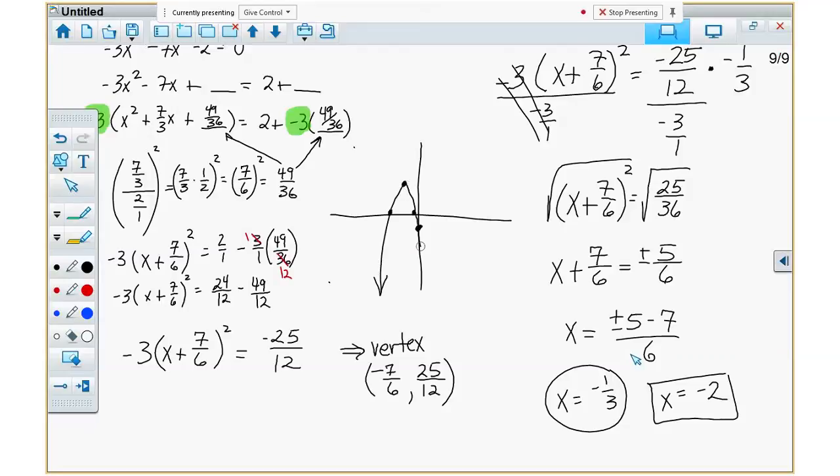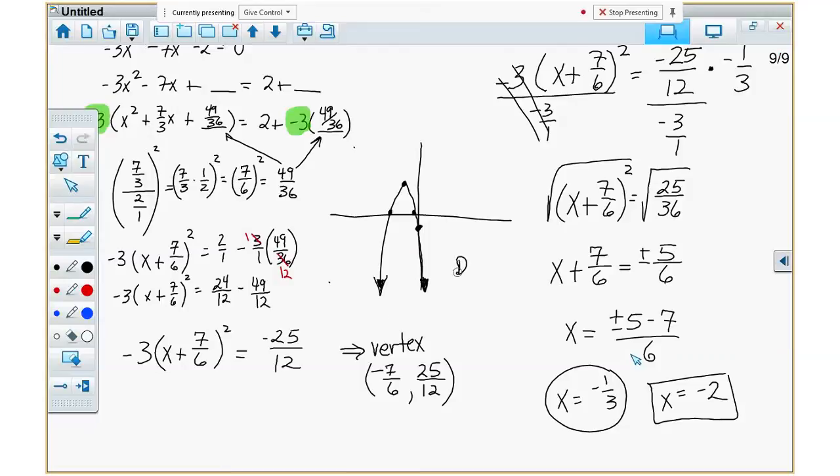Why is it so skinny? That's not rhetorical. I'm asking y'all to answer your questions. Because of the negative what? Because of the 3, not the negative. The negative just tells it to go down. But the 3 out front makes it skinny.